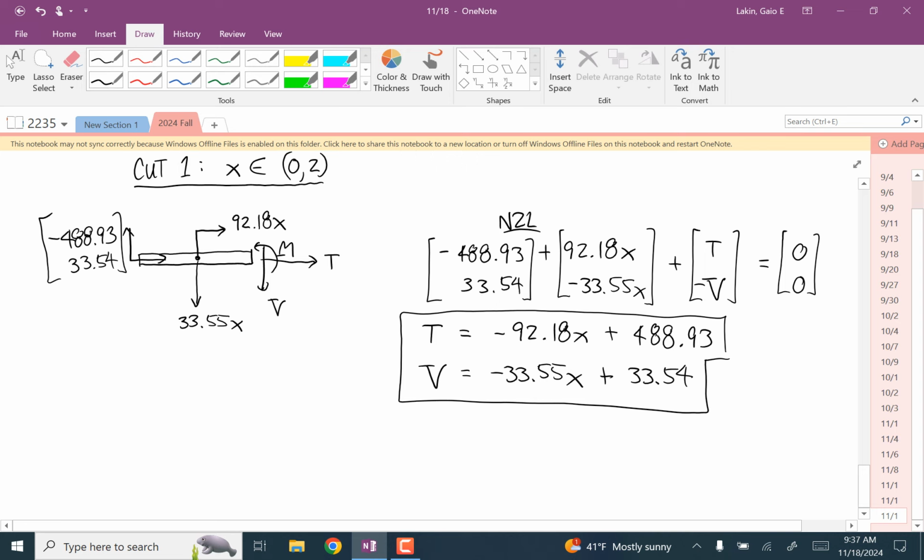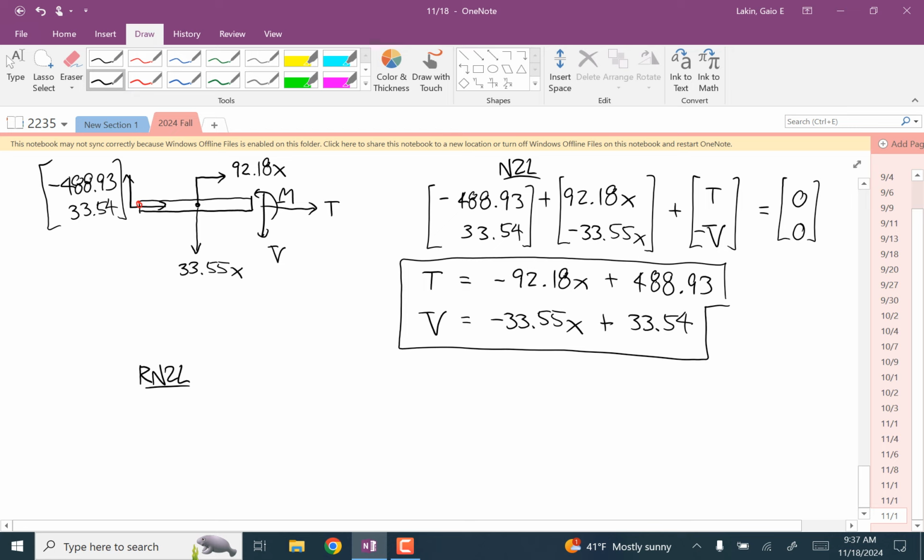And then the bending moment equation. My about point is at the left, like always. The horizontal distributed load doesn't produce a moment. And so we have a clockwise rotation from that 33.55x with a moment arm of x over 2, plus m minus vx is equal to 0.